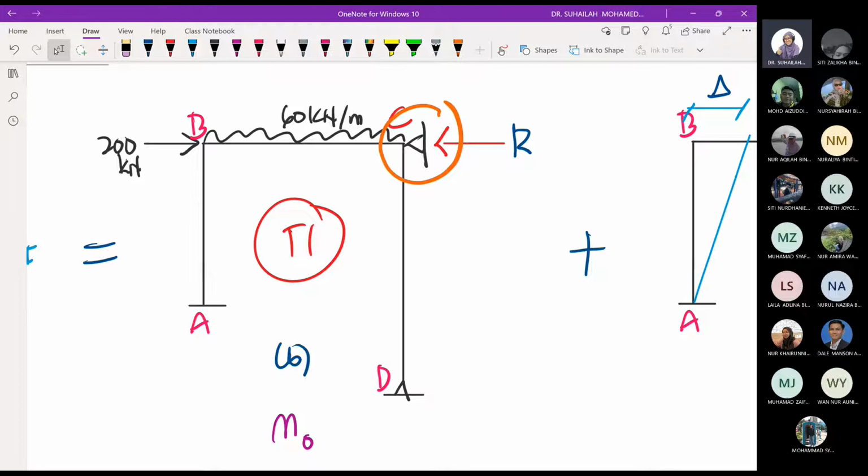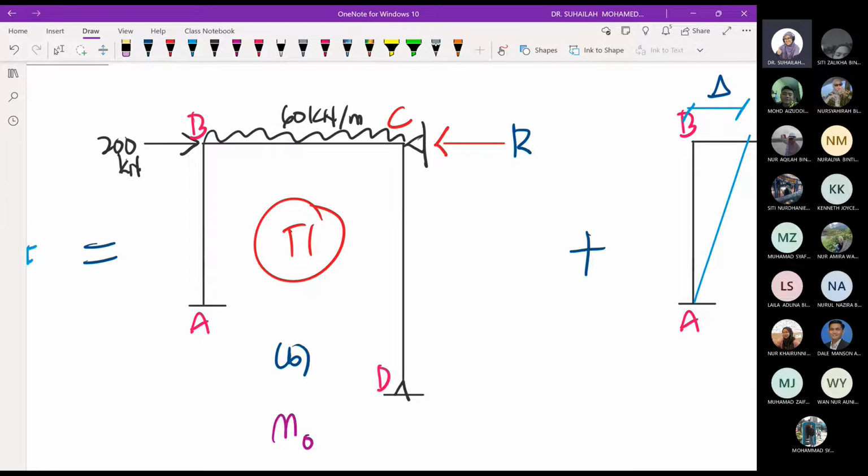Properly restrained means no movement; we have removed the delta from the system. So when properly restrained, we can calculate end moment by only considering external loading.